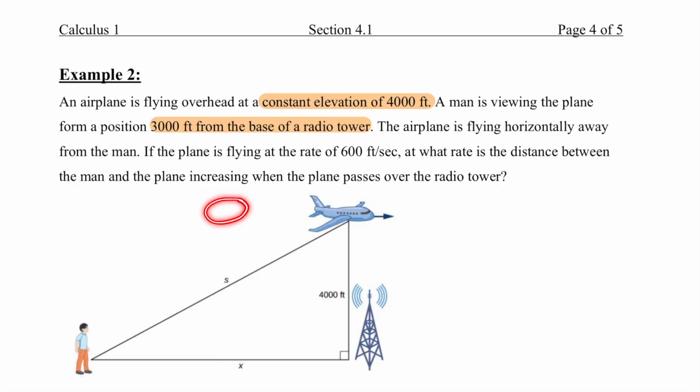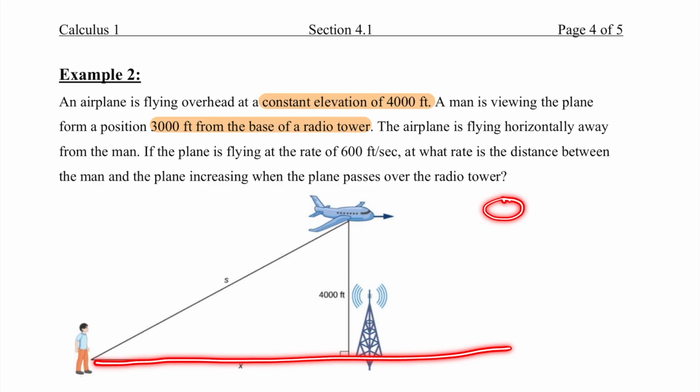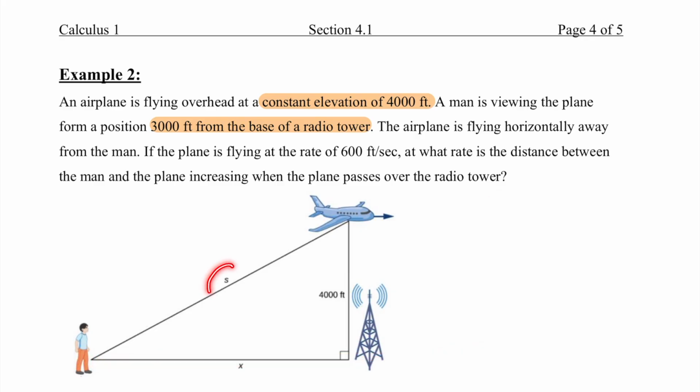So if the airplane is right here, x is this distance. If the airplane is right here, right above the tower, then x is 3,000. If the airplane is right here, then x is this. I let s be the distance from the man to the airplane, which is from here to here. This distance also changes as the airplane moves.